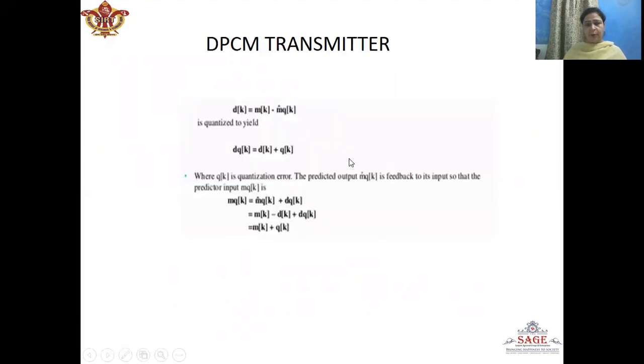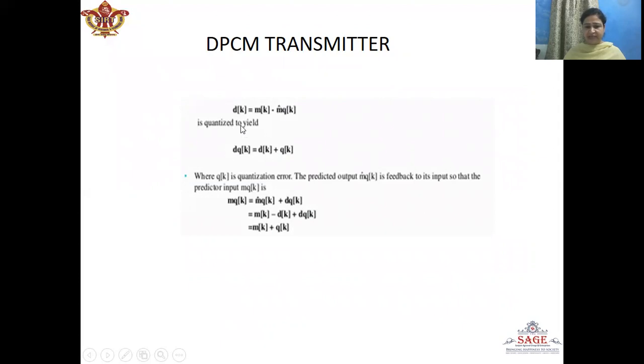So, the important equations which are considered in the DPCM transmitter are discussed here. As shown in the block diagram, d_k is the difference between the present sample m_k and the previous predicted value m̂_k. Now, d_k is quantized to generate d_qk.